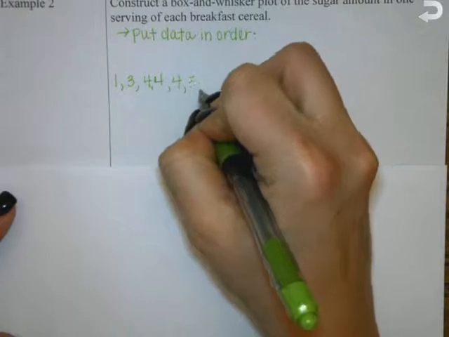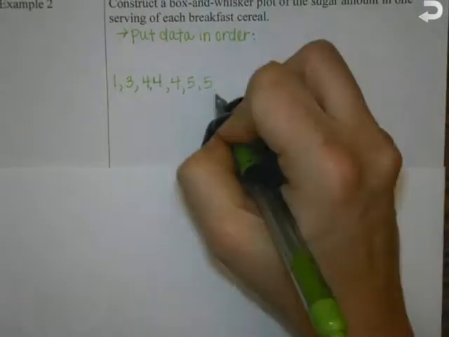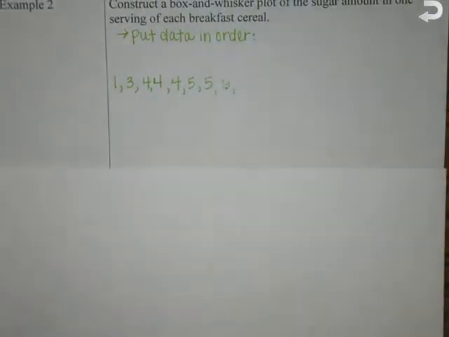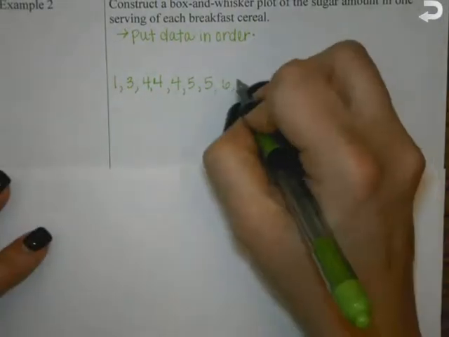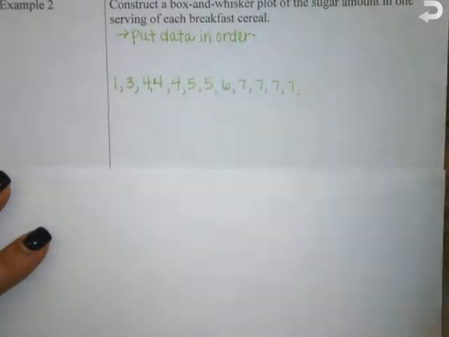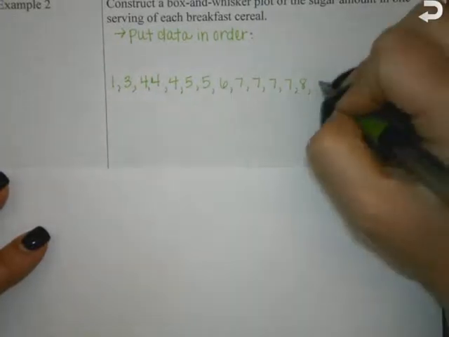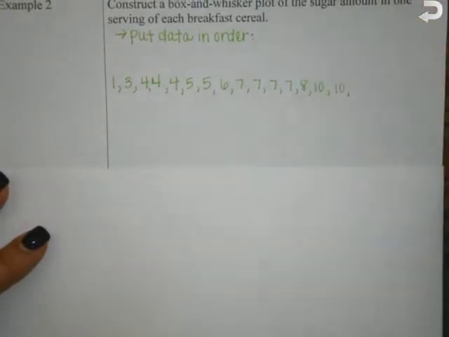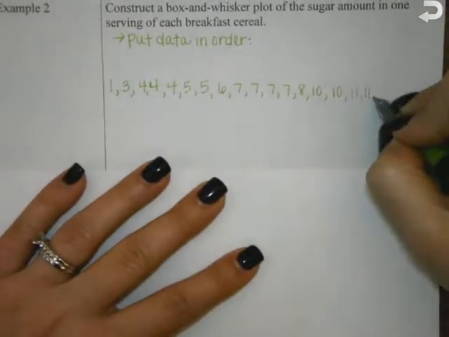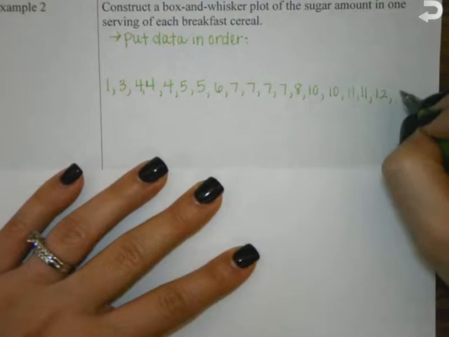We have 2 5s. We have a 6. What about 7? How many 7s do we have? 4 of them. 1, 2, 3, 4. We have an 8, 2 10s, 2 11s, a 12, then we have a 13, and then we have a 22.